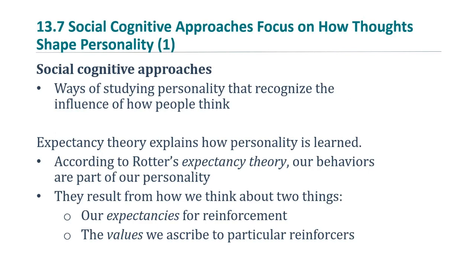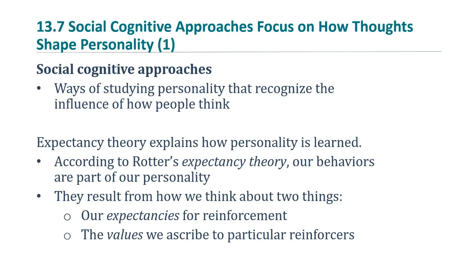According to Rotter's expectancy theory, our behaviors are part of our personality, and our behaviors result from how we think about two things: our expectancies for reinforcement and the values we ascribe to particular reinforcers. So we end up engaging in behaviors that we expect to bring reinforcement of particular reinforcers that we value.